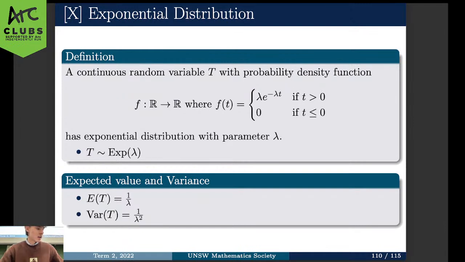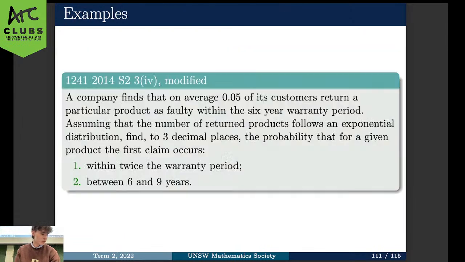So we say that a random variable t with probability density function given by this piecewise function is exponentially distributed with parameter lambda. So the expected value of t is 1 on lambda, and the variance of t is 1 on lambda squared for this distribution.